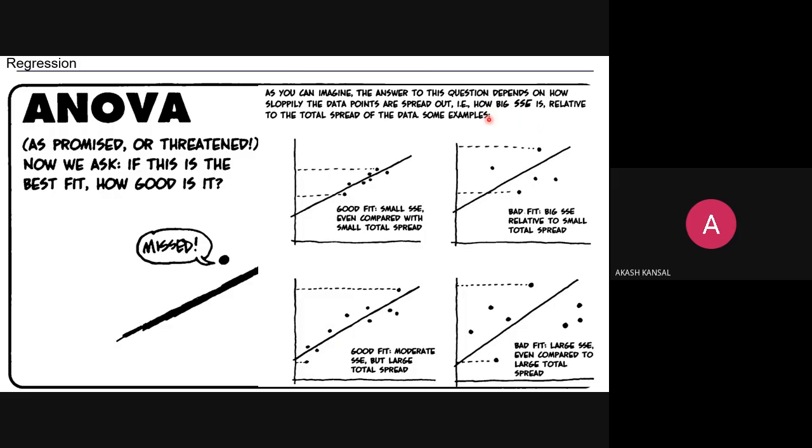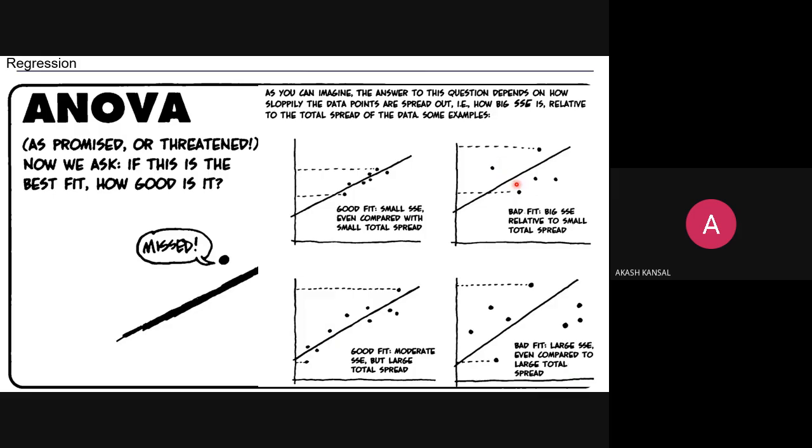Possible scenarios can be these. In the first, it's a very good fit: we have a small sum of squared errors, and a small total spread. In the next example, we have a bad fit. We have a big sum of squared errors, but relative to a small total spread.